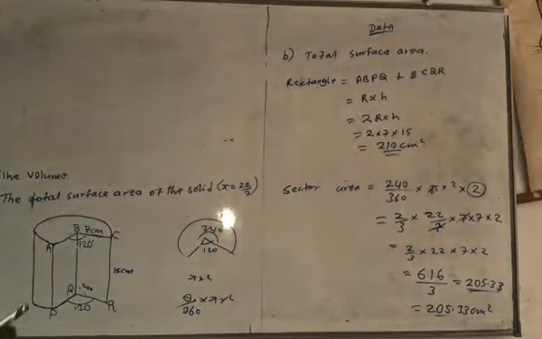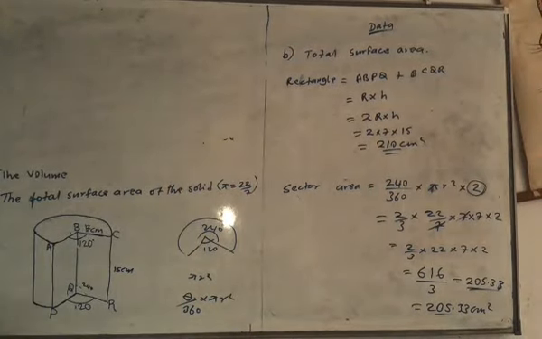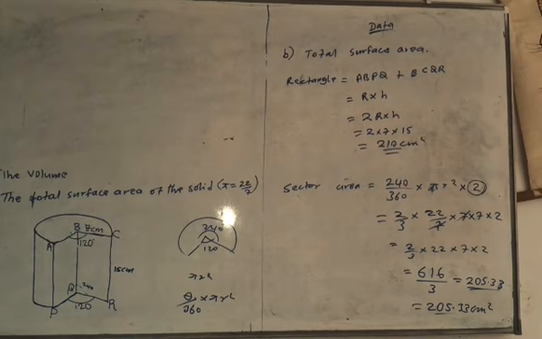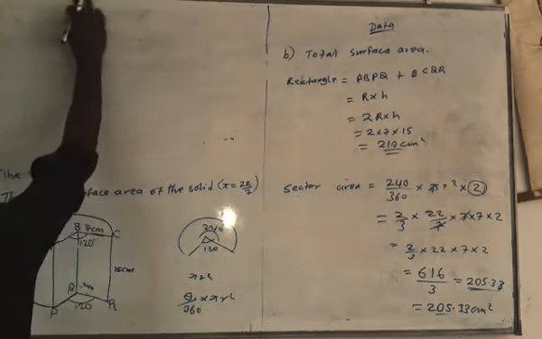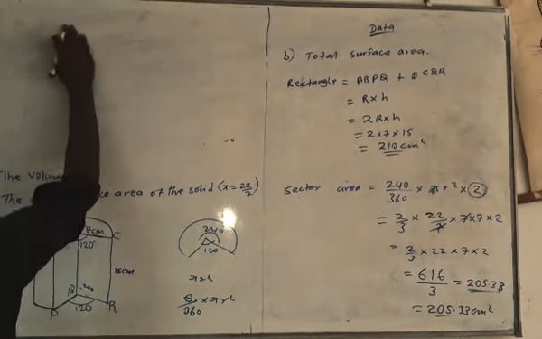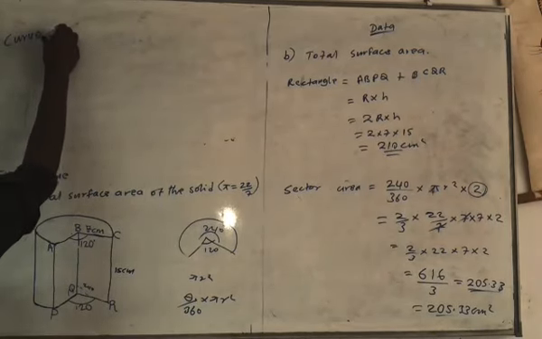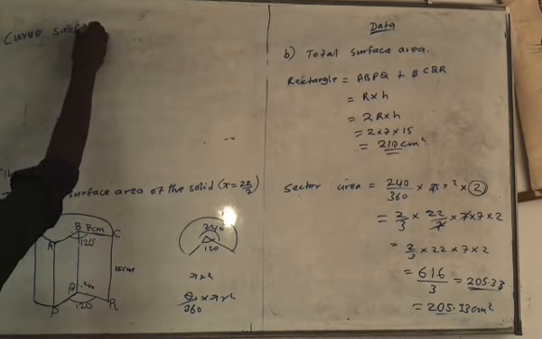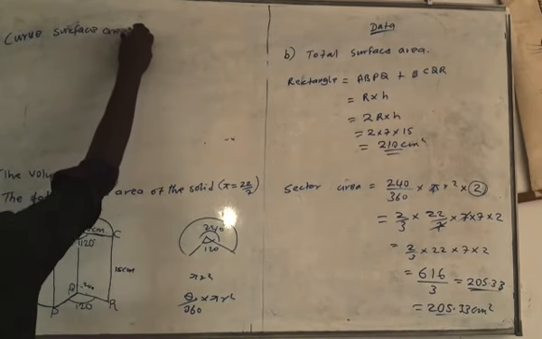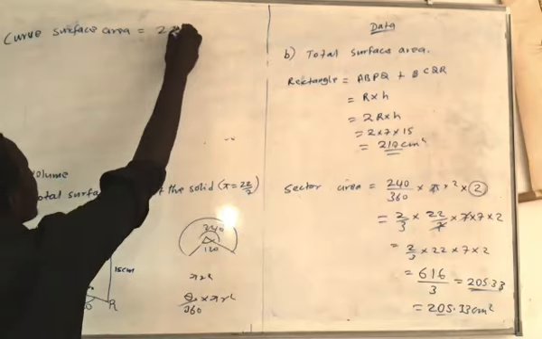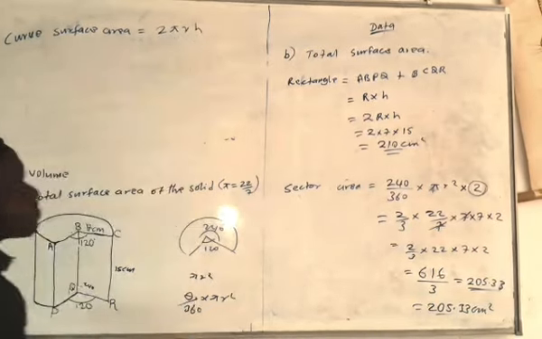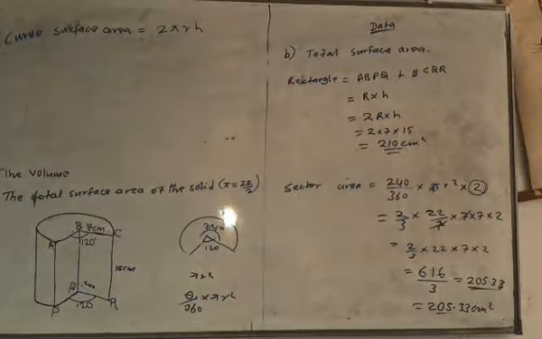So if you look at the curved surface area of a cylinder, it is equal to 2πRH. So this is the formula for the curved surface area of a cylinder.